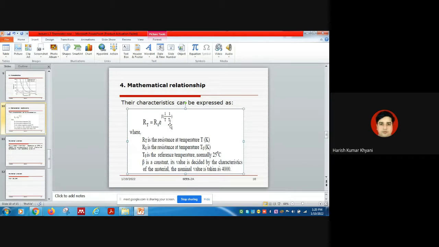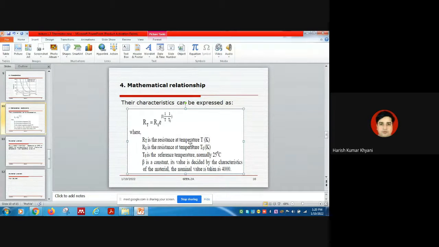As far as the mathematical relationship is concerned, yesterday we also saw a mathematical relationship between resistance and temperature. So as far as thermistors are concerned, this is the relationship. RT is the resistance at temperature T, right? And R0 is the resistance at the reference temperature.